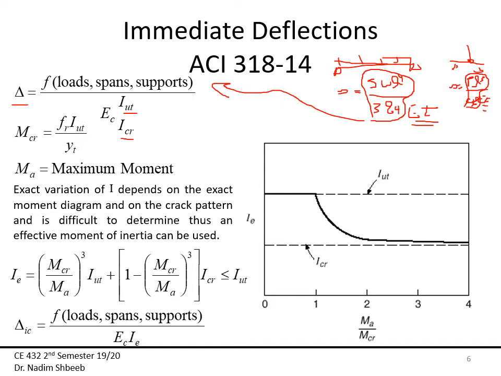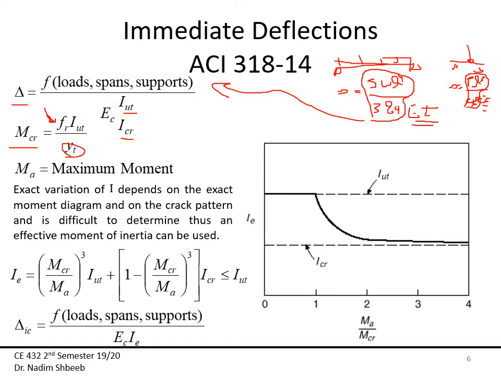Now, the other definition that we had back from the flexure course was the cracking moment, and for that we said this is equal to F rupture, which was the modulus of rupture, or the strength in concrete under tension before it develops cracks, multiplied by I uncracked transformed over YT.